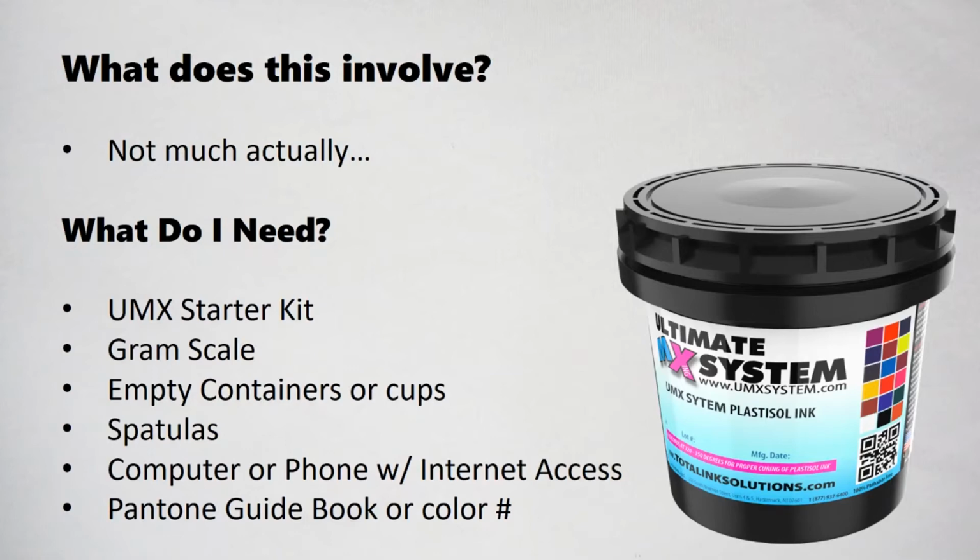Say John Smith walks in, you break out your Pantone book, show him the colors, and once he picks out the color, you come over to your computer or phone and pull up the formula for that ink. All relatively basic items. There's not any high intensity item or product that you really need in order to get started on this.